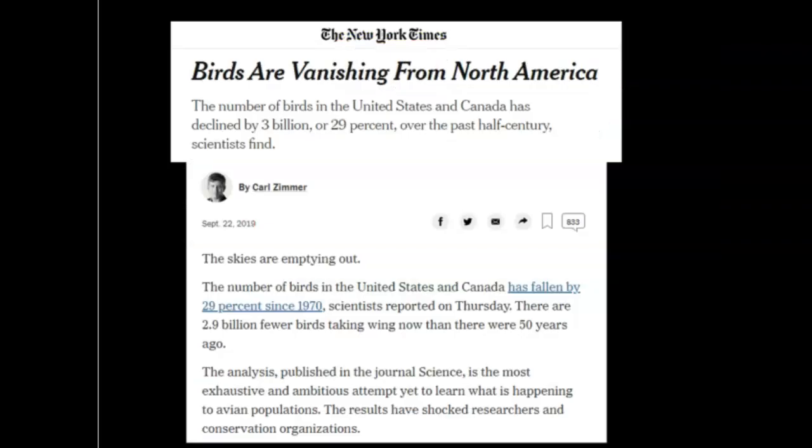And this one strikes really near to my heart. In North America, since about the time I was born, birds are down 29%. Again, this isn't species numbers that are down. This is the population sizes collectively across all species are down 29% in North America over the past 50 years.